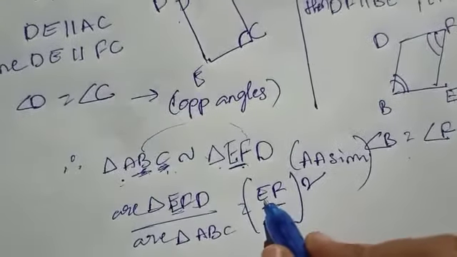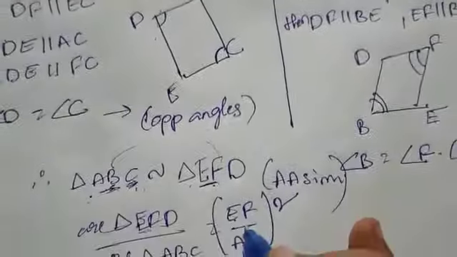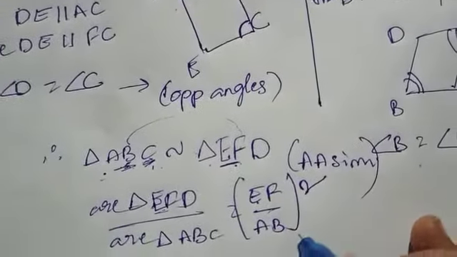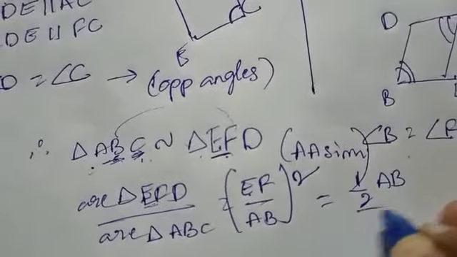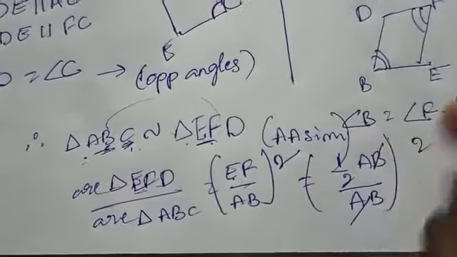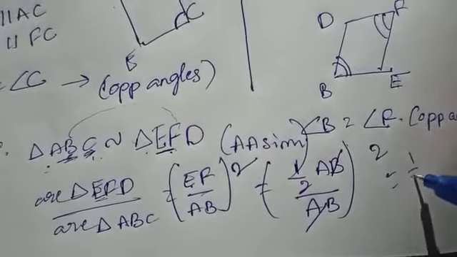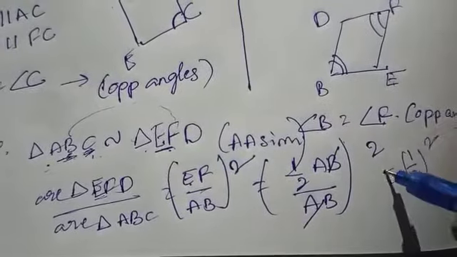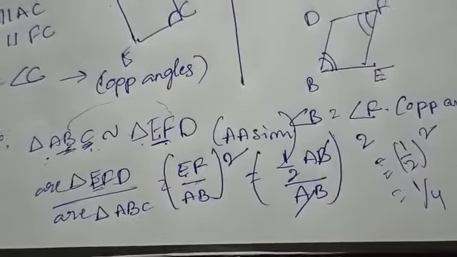EF is equal to one half of AB. So instead of EF we write one half of AB by AB, whole square. Here AB gets cancelled, remaining one half whole square, which is equal to 1/4.